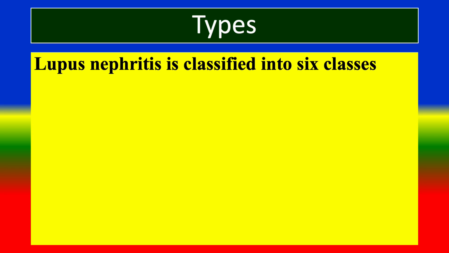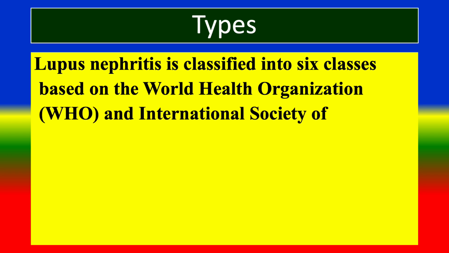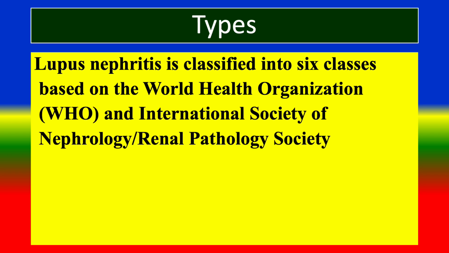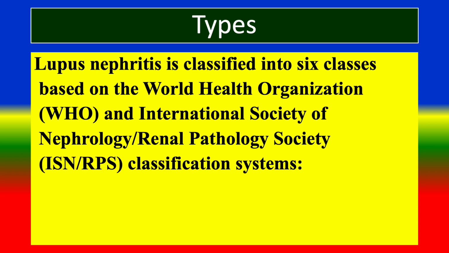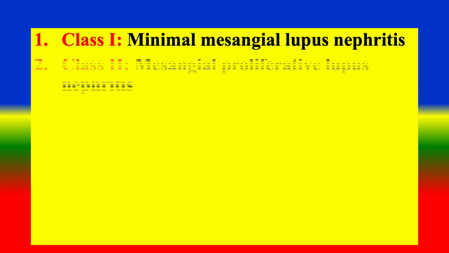Types. Lupus nephritis is classified into 6 classes based on the World Health Organization and International Society of Nephrology or Renal Pathology Society classification systems. Class 1: Minimal mesangial lupus nephritis.